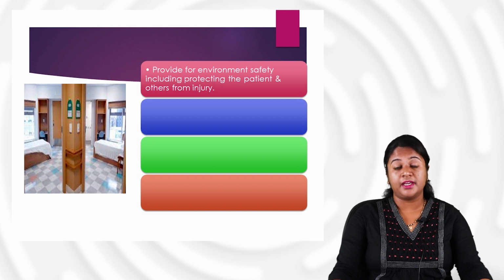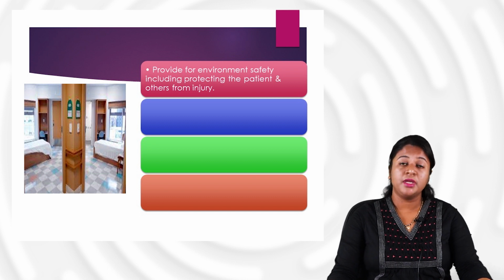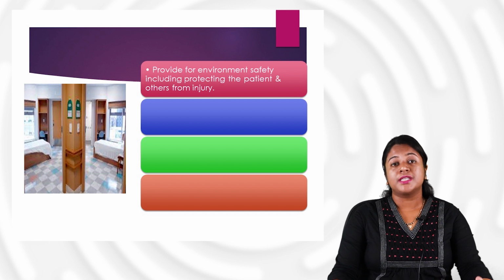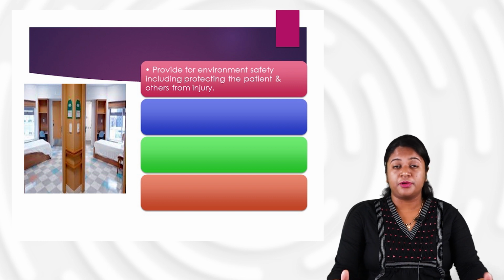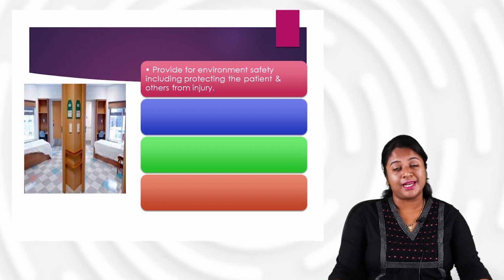Say, for example, there is a patient with depression, then his environment should be free from all sharp instruments or ropes or any kind of instrument which he can use anytime to harm himself. Such kind of protection we have to give to the client.